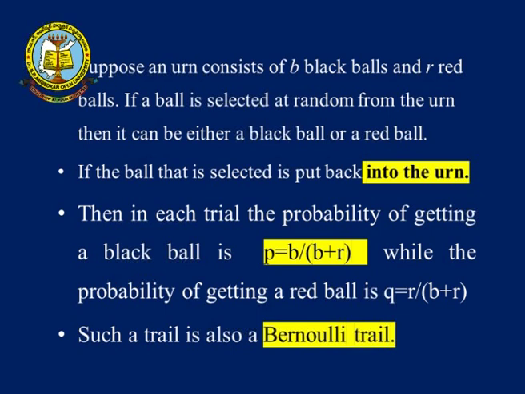Suppose an urn consists of B black balls and R red balls. If a ball is selected at random from the urn, then it can be either a black ball or a red ball.